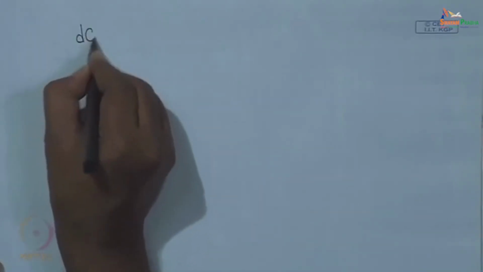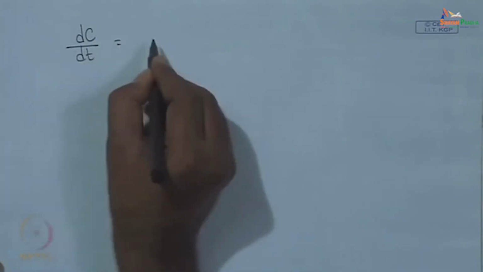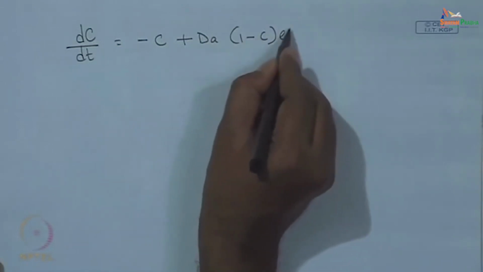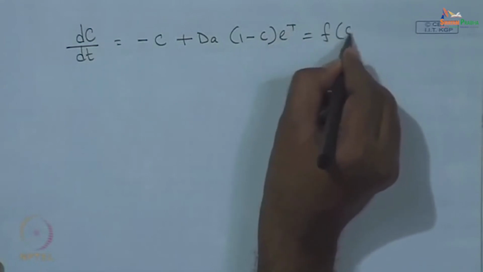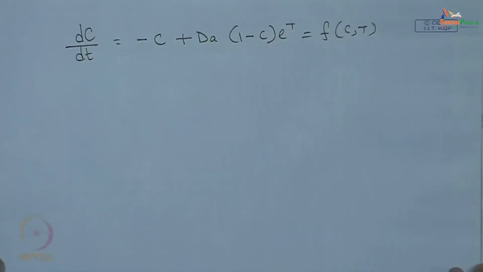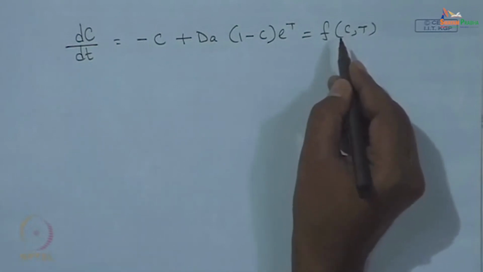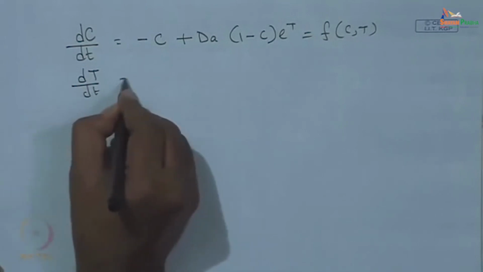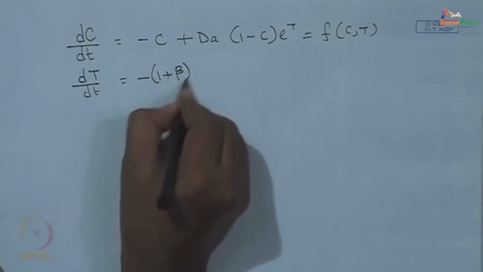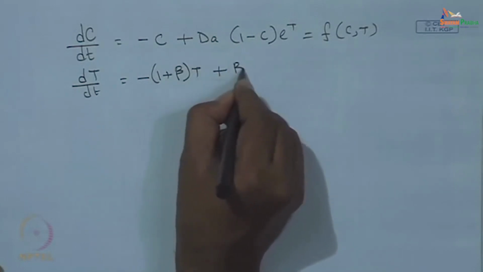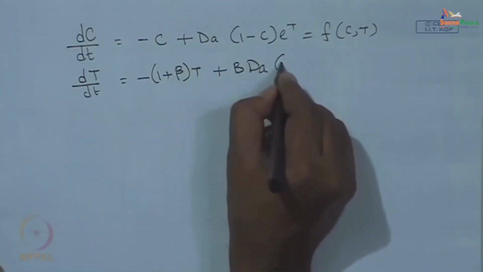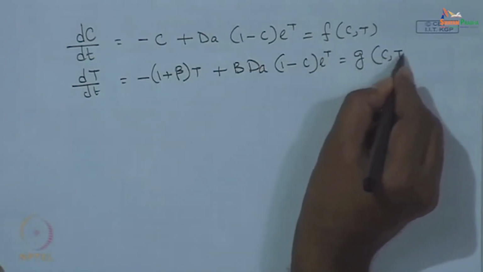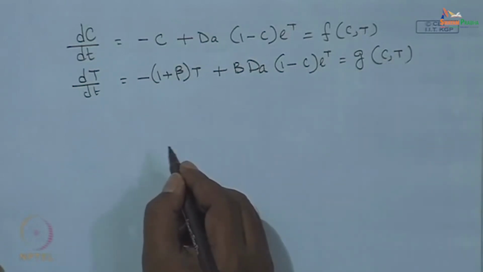The mass balance gives dC/dt equal to minus C plus Da times (1 minus C) e to the power T, which is a function f of C and T. Here C is the non-dimensional concentration, basically conversion, and T is temperature. The energy balance gives dT/dt equal to minus (1 plus beta) T plus B Da (1 minus C) e to the power T, which is some function g of concentration and temperature.